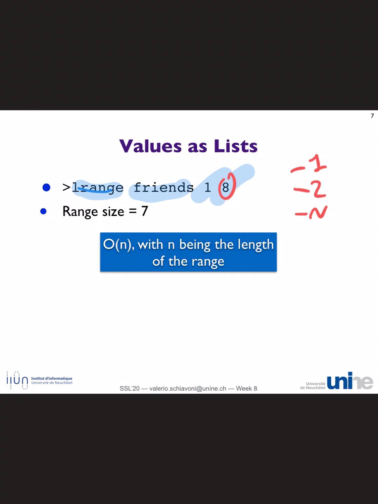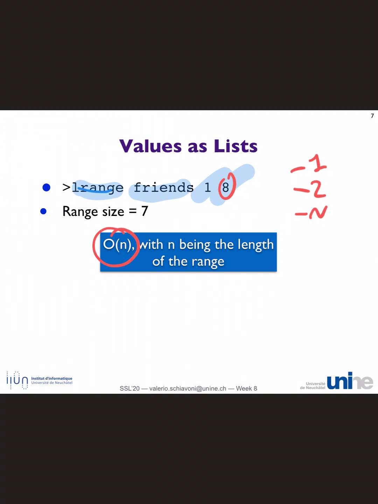This basically says what is the last element to use, counting from the last in the list, to extract from this list. As you see, the complexity of this operation is linear, with n being the length of the range, in this case 7.